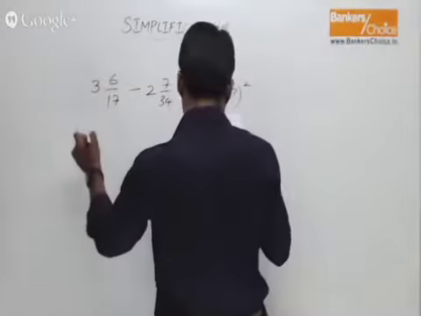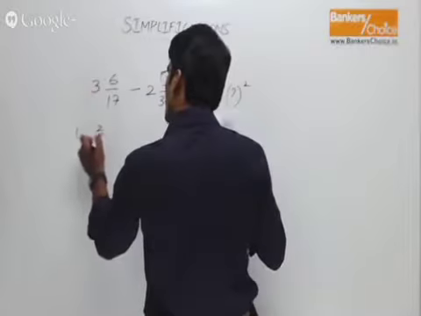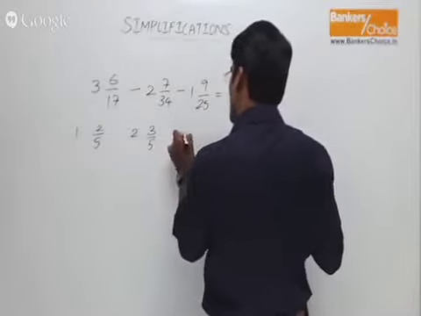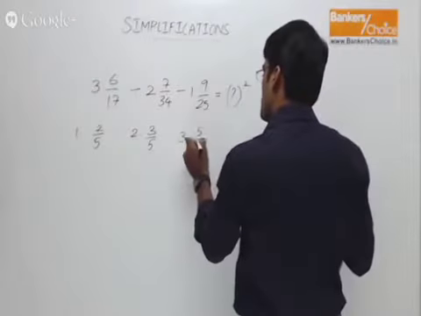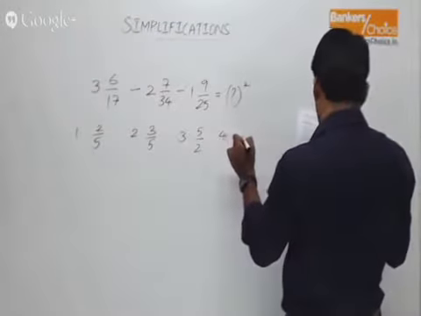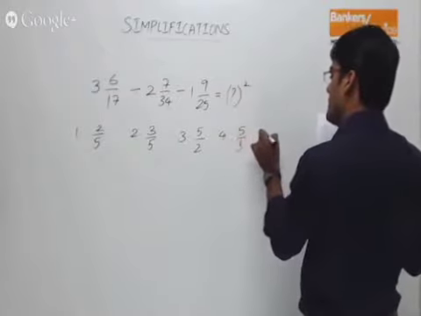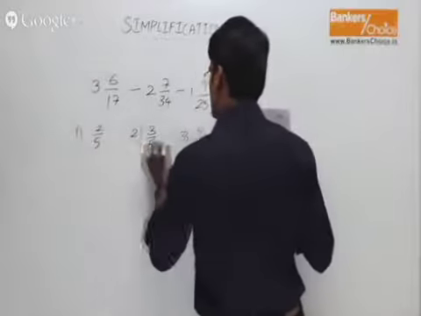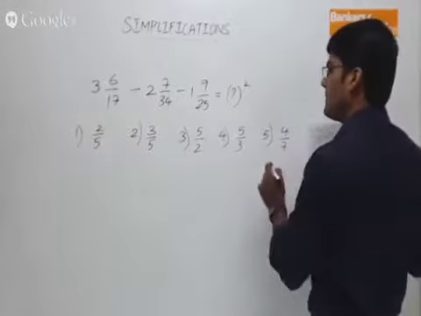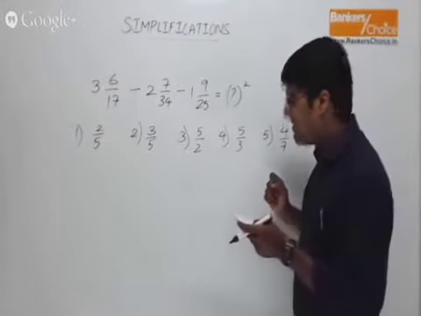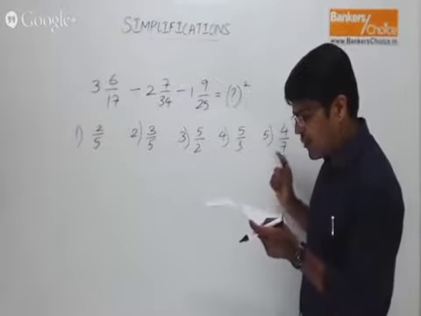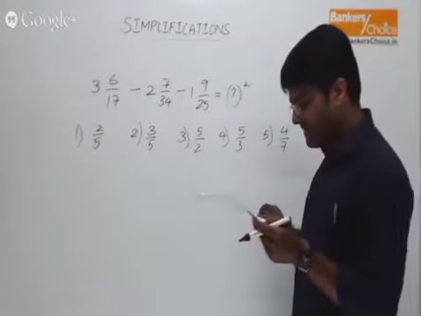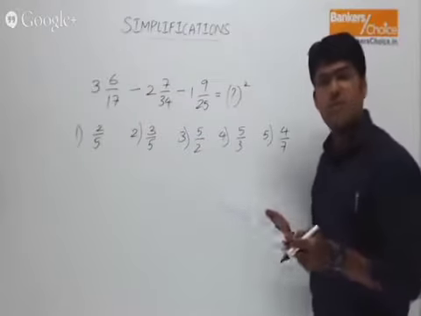Options are: the first option is 2 by 5, second option is 3 by 5, third option is 5 by 2, fourth option is 5 by 3, and the fifth option is 4 by 7, right? So 3 6 by 17 divided by 2 7 by 34 minus 1 9 by 25 equals question mark square. 2 by 5, 3 by 5, 5 by 2, 5 by 3, and 4 by 7.